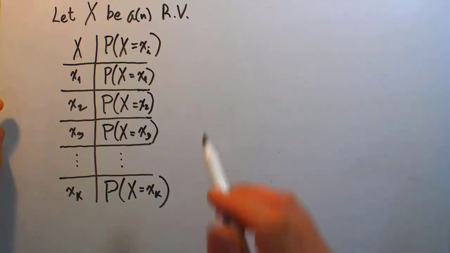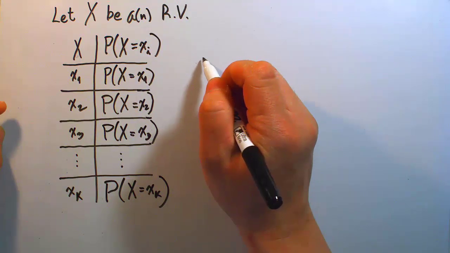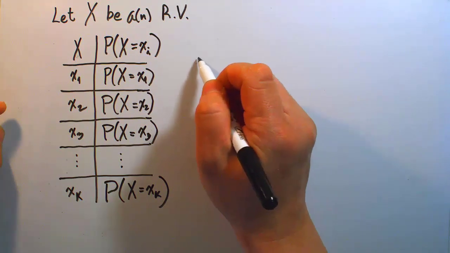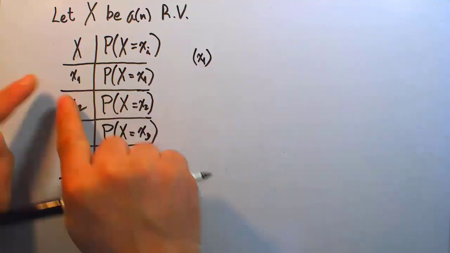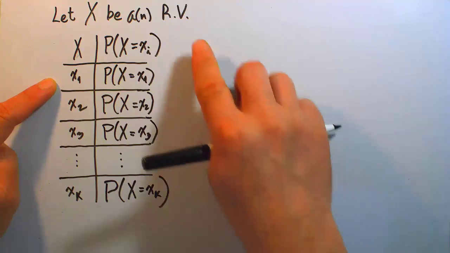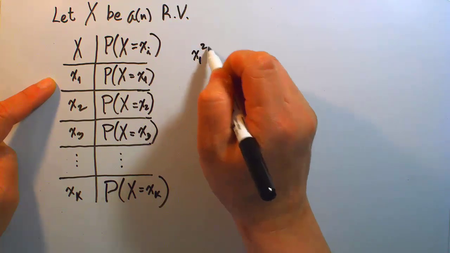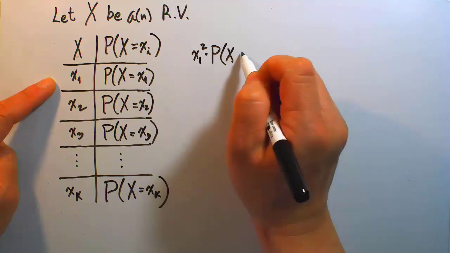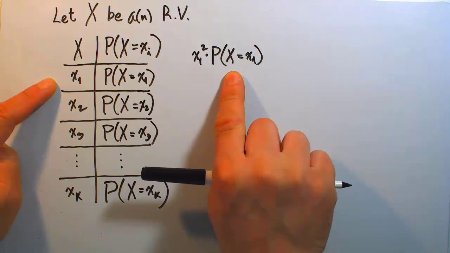It looks like the first term came out inside of that square root. The first term of the summation was just the value x1 in the probability distribution being squared, multiplied with the corresponding probability when X equals x1, where X here is the capital X, the random variable.